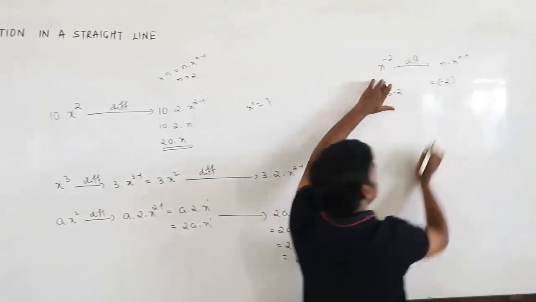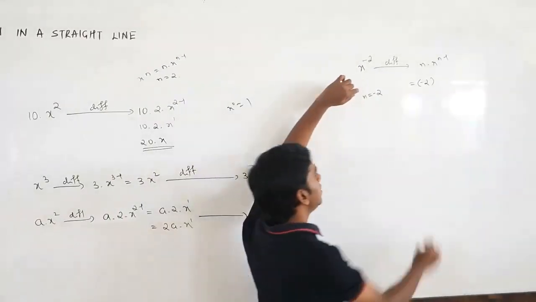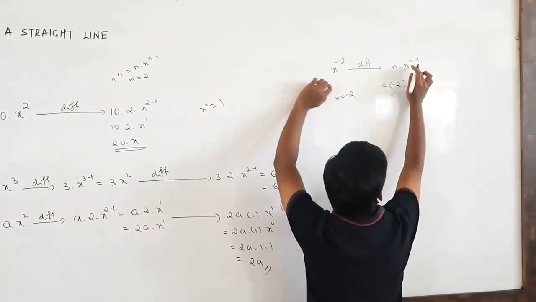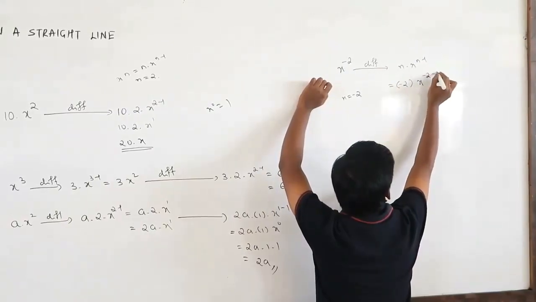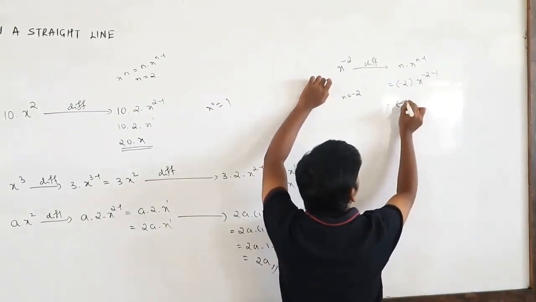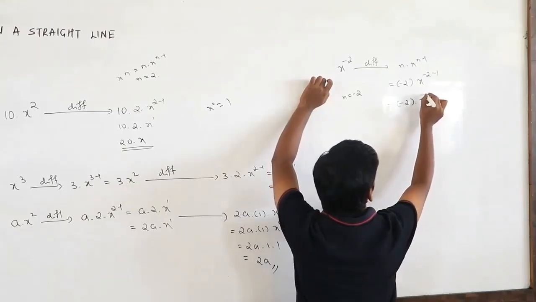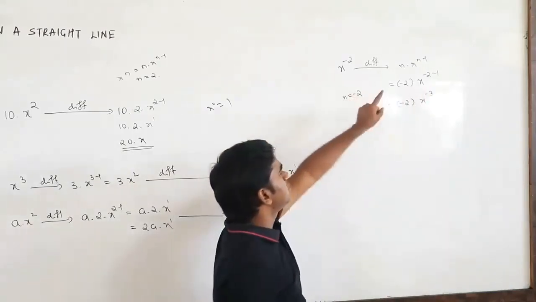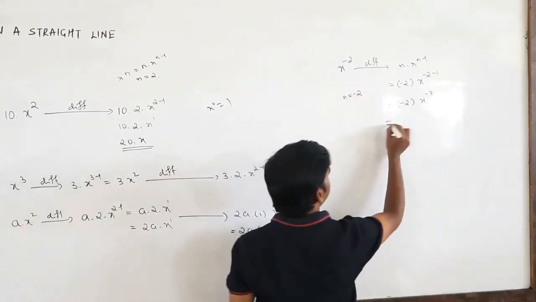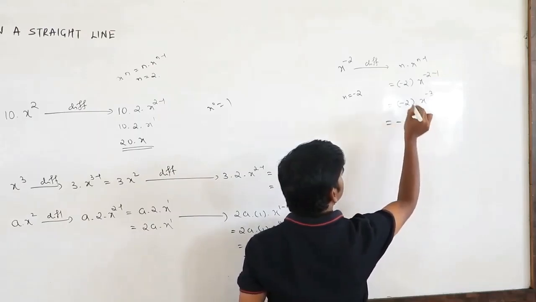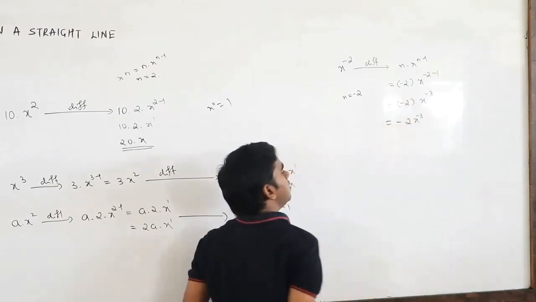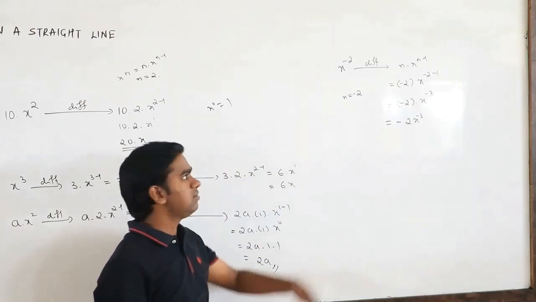Minus 2 into x raised to, this is minus 2 minus 1. So minus 2 into x raised to minus 3. So you will get minus 2x raised to minus 3. So this is how you can solve.